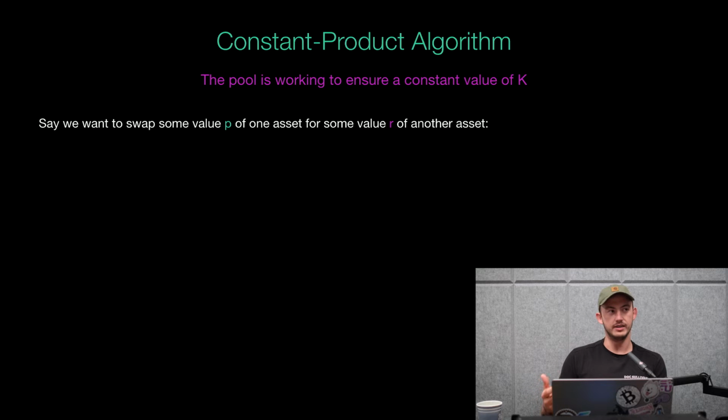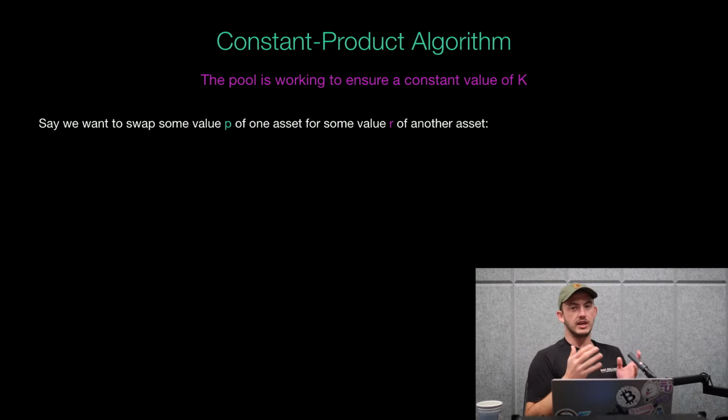So with that in mind, we want to swap some quantity of value P for another quantity of value of asset R, right? And I'm labeling these P and R because in the context of my program, what I've basically set up is when I come to the pool and say I want to give you some USDC in exchange, I want to get something back.